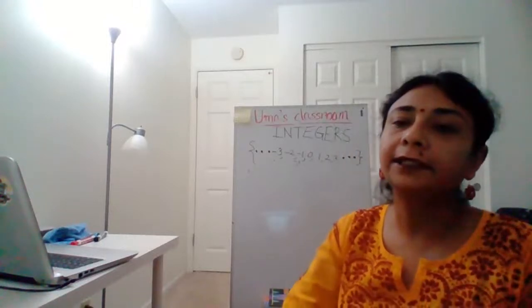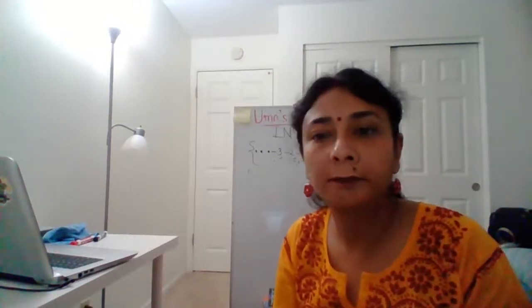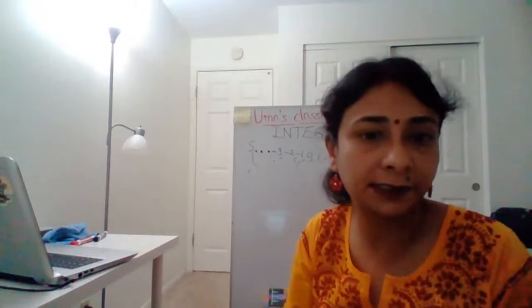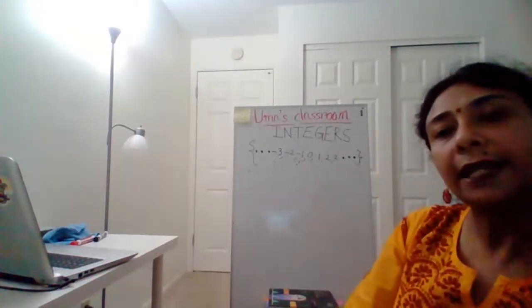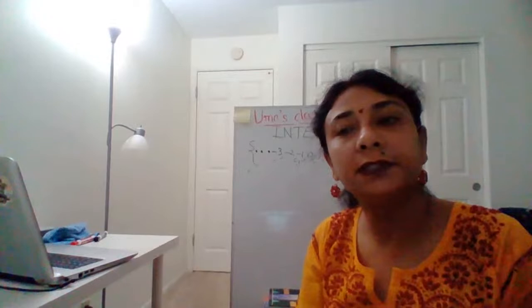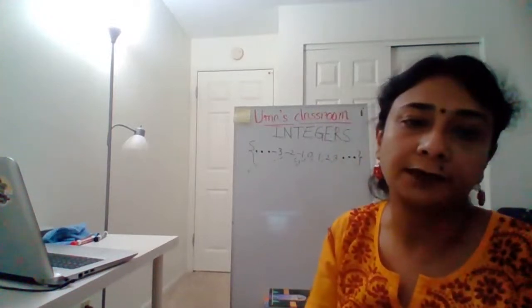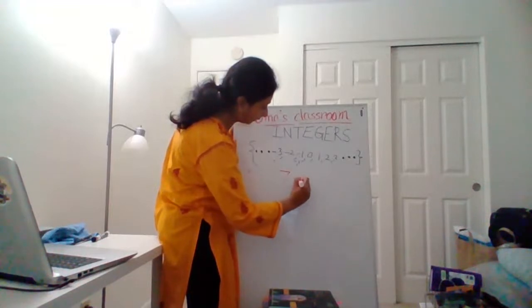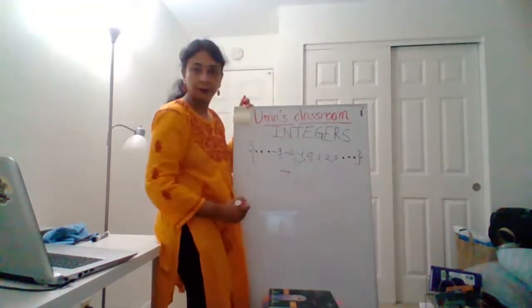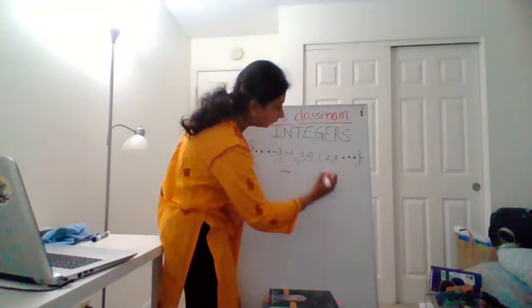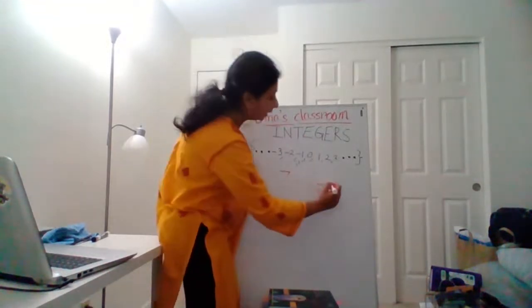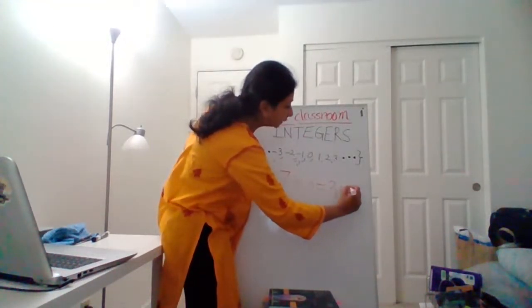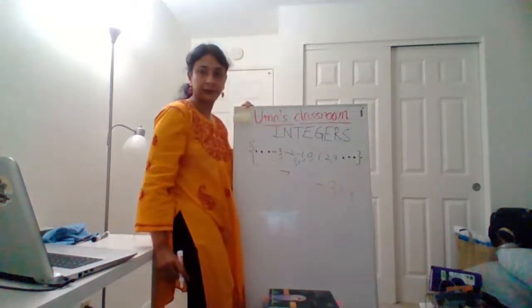And next I am coming to the properties of addition of integers. Actually, addition of integers has the commutative property. Commutative property means, suppose I am performing this operation and this will give me exactly the same result if the integers are just interchanging their positions.